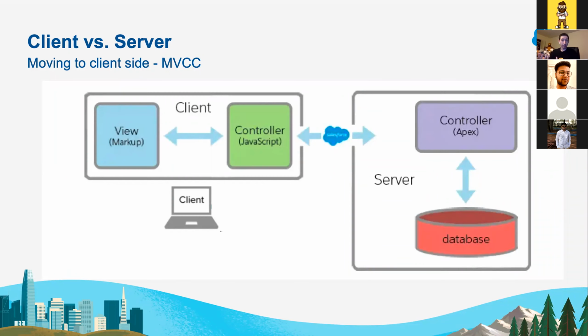And what's the good of having the view in the browser if we have to wait for Salesforce to do all the logic? So we're adding a controller to the browser as well. So the client side now, we're going to have a front-end UI and a front-end JavaScript controller. So you see here now we have both controllers on the front end and the back end, and that's why you sometimes hear this referred to as MVCC. All we're doing is moving the view and one of the controllers to the client side.